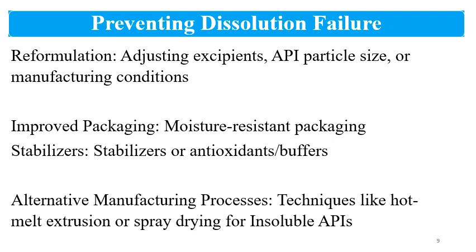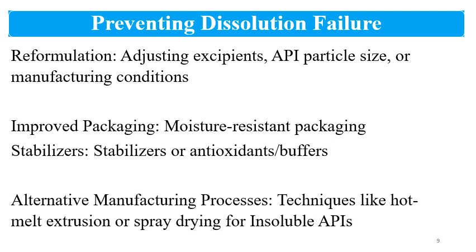So how to prevent the dissolution failure? From the formulation point of view, it will be reformulation by adjusting the excipients like disintegrants, super disintegrants, their type and levels, changing the API particle size or optimizing the formulation, changing the manufacturing conditions or manufacturing processes.